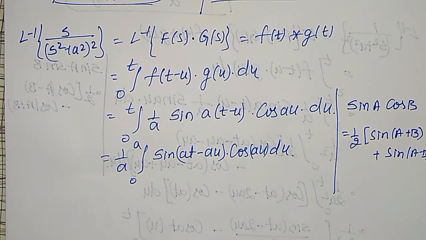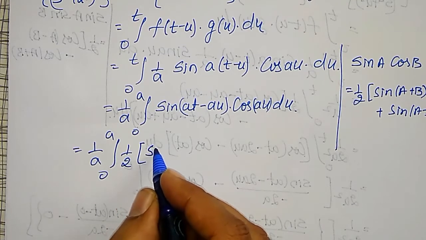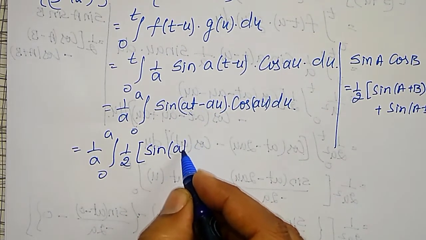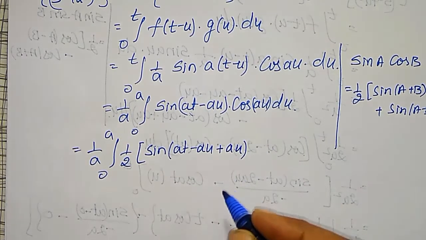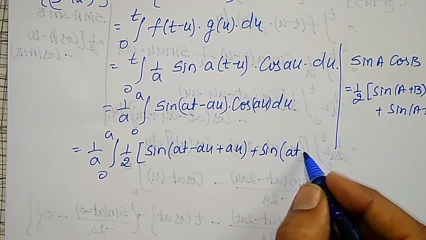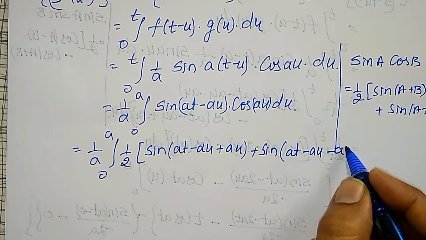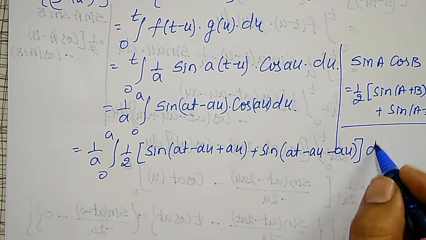That is nothing but 1 by a into integration from 0 to t of 1 by 2 times sin of (a plus b), that is at minus au plus au, then plus sin of (a minus b), at minus au minus au. Okay, this is the formula we applied, into du.